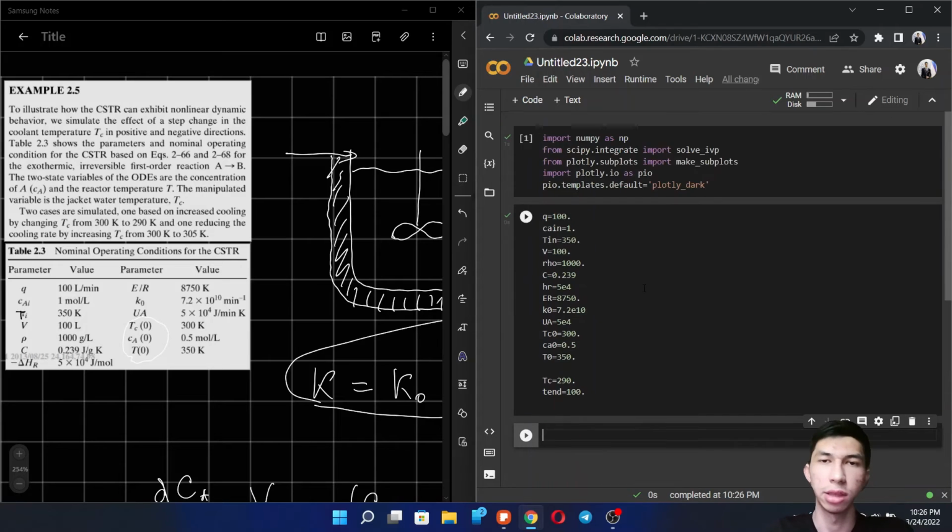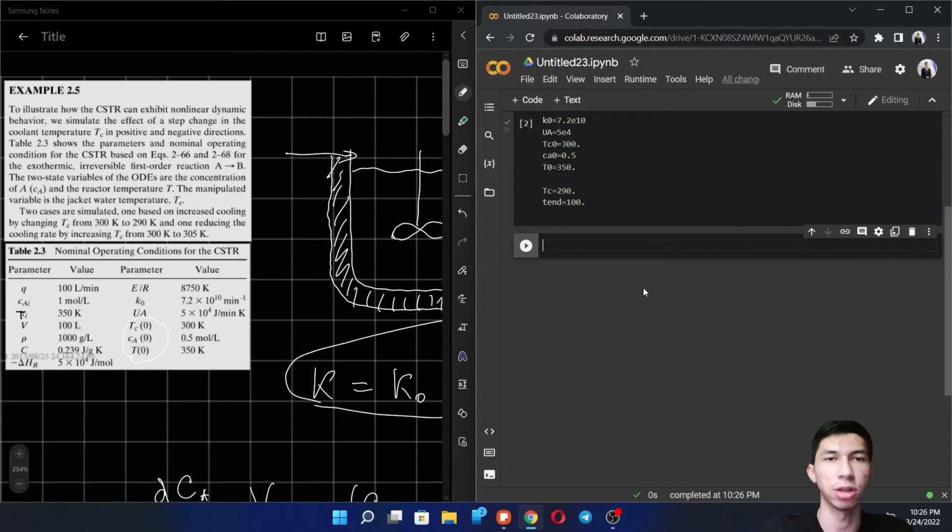Now we said that as we're working with differential equations, we will need to work with the solve IVP function. But in order to use solve IVP, we need to have a function which is going to be our right-hand side. So let's define the function, right-hand side.